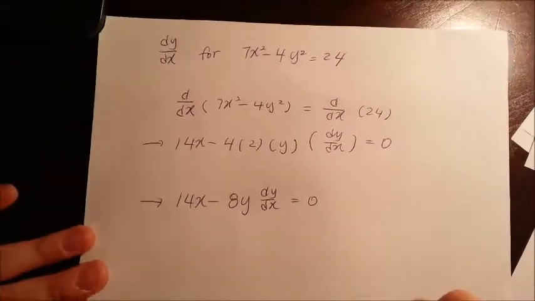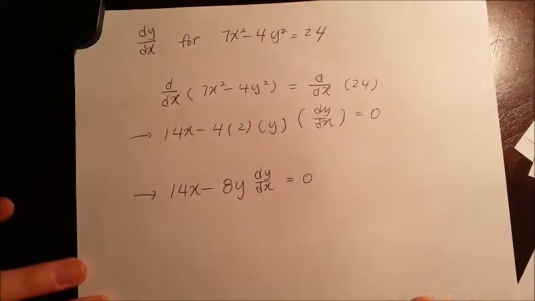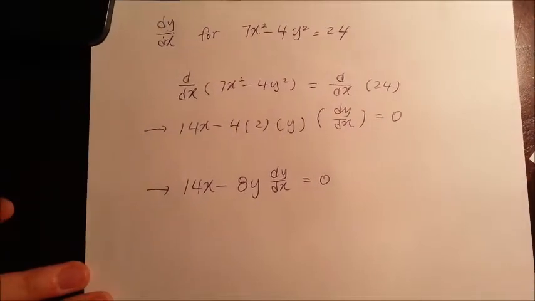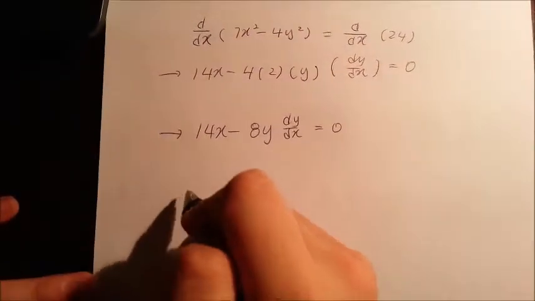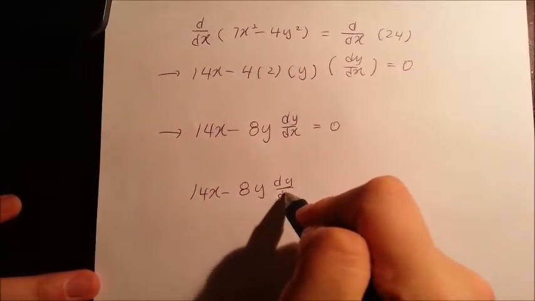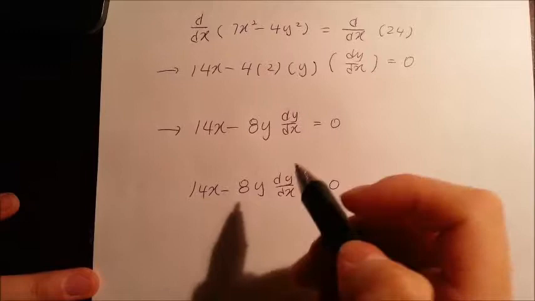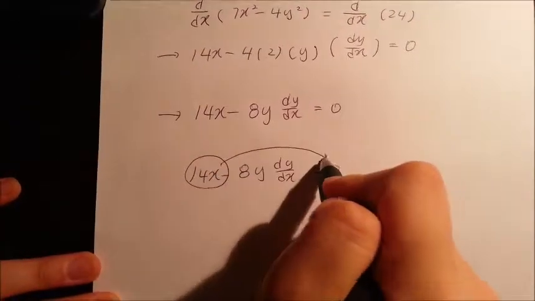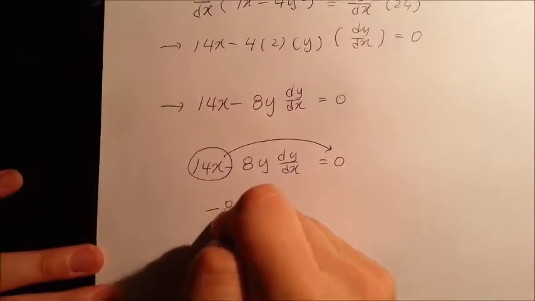Step 2. Put all of the terms involving dy over dx on one side of the equation and everything else on the other. So 14x minus 8y dy over dx equals 0. Let's move 14x to the right.